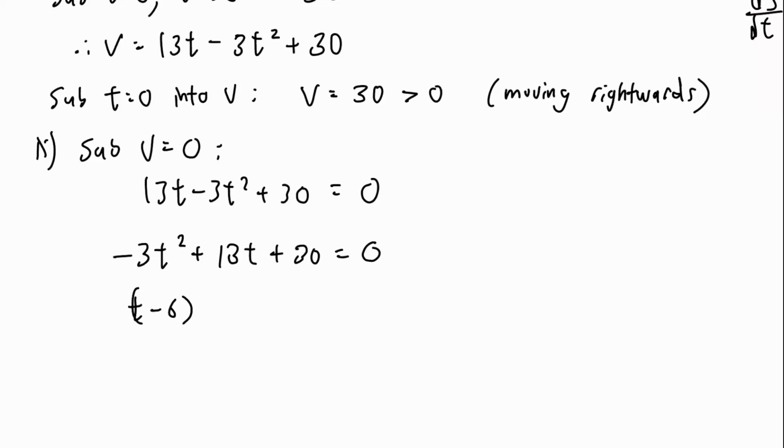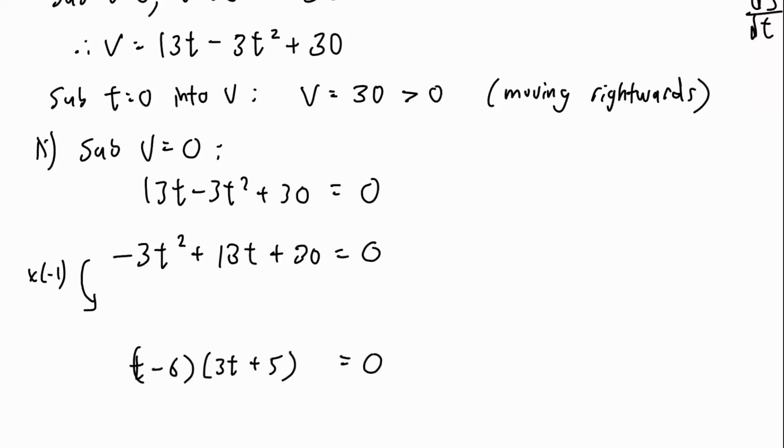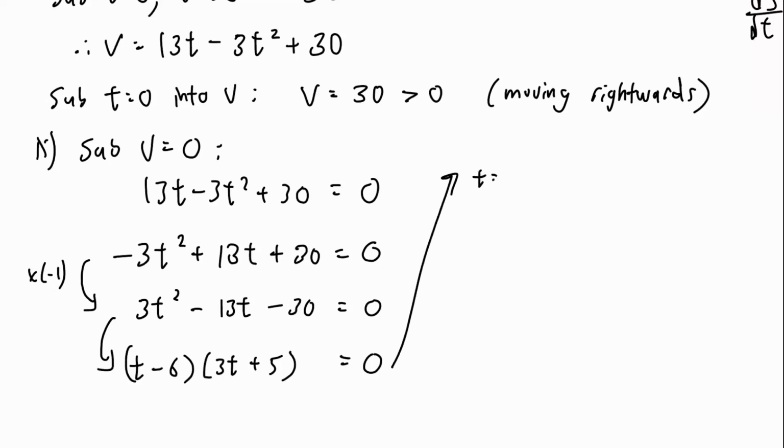Okay, I multiplied by -1 already in my head. I show one extra line. So it's 3t squared minus 13t minus 30 equals 0. Then I factorize. Is that okay? And then from there, t equals 6, t equals -5/3. T cannot be negative, so you reject this, t equals 6 only.